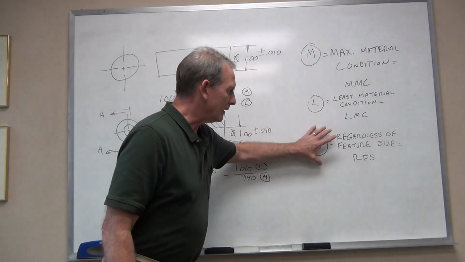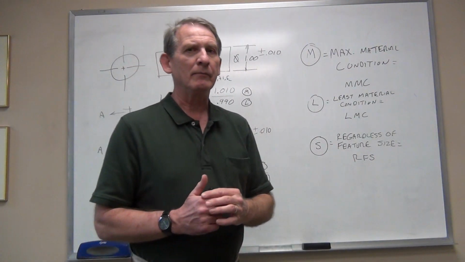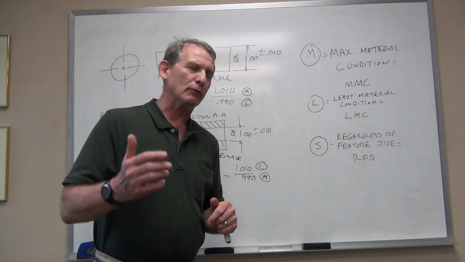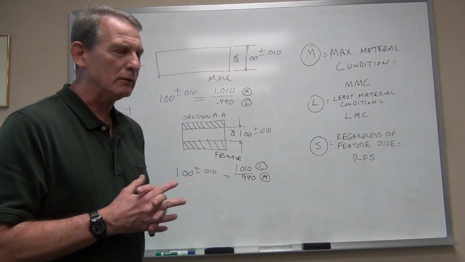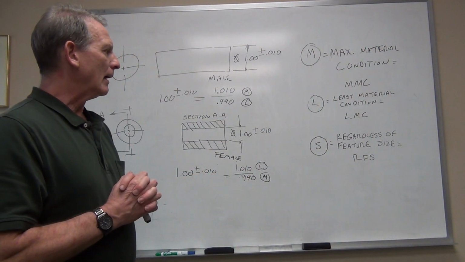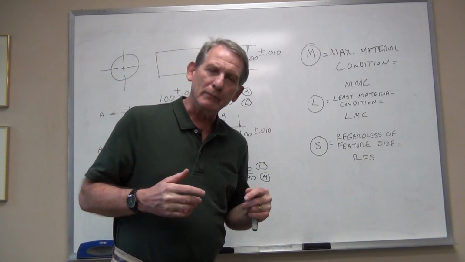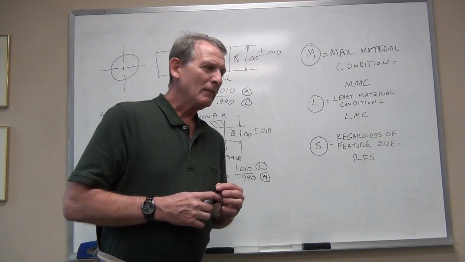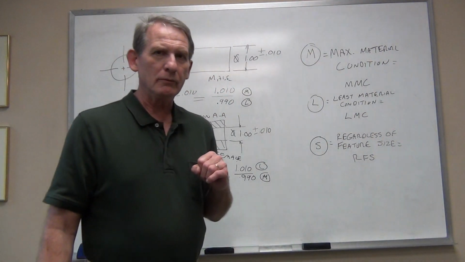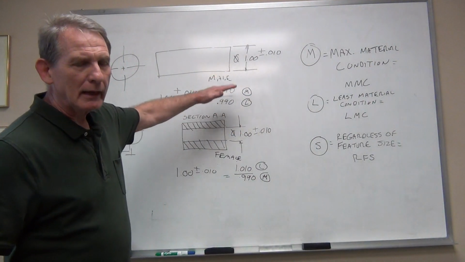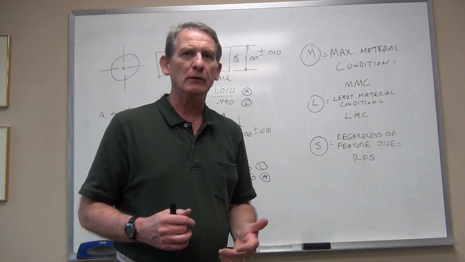I will say this about this S, okay? This S has been around in GD&T for quite a long time. They just got rid of it 10 or 15 years ago. And it stands for regardless of feature size. And what that means is that your tolerance zone, no matter what limit you're at or wherever you are in that tolerance band, it doesn't change.